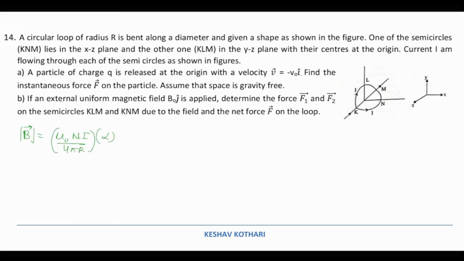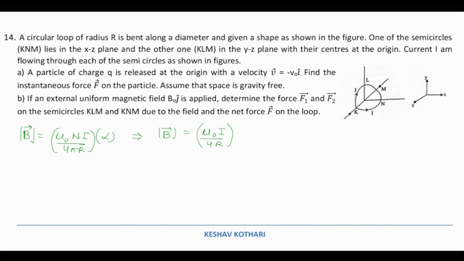Since in this case each wire is having a single turn and they are subtending an angle of pi, the magnitude of magnetic field due to each of them is going to be mu naught I upon 4r.